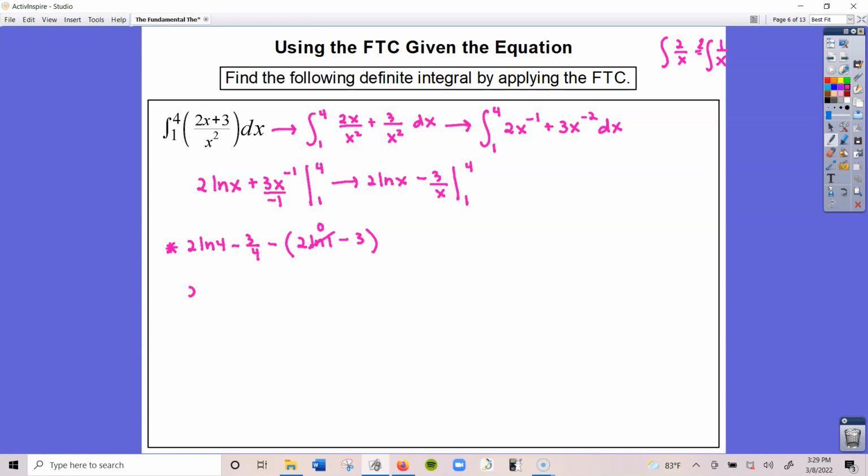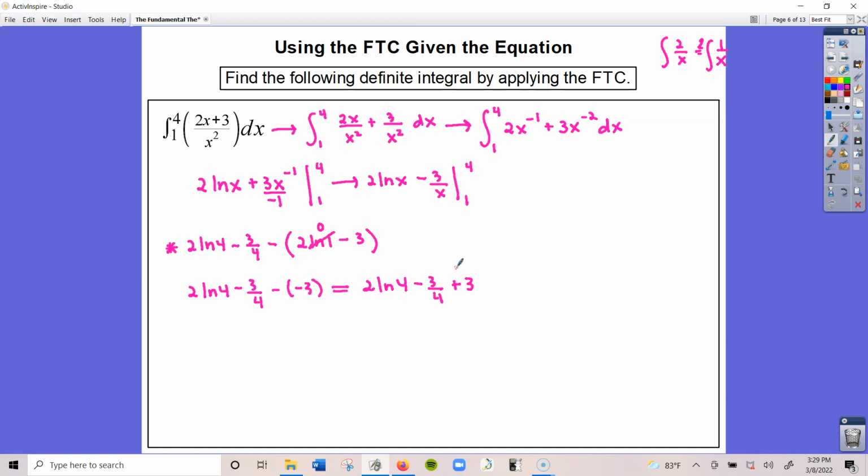So what we have is 2 ln of 4 minus 3 over 4 minus negative 3, which will then become 2 ln of 4 minus 3 over 4 plus 3. You're not expected to know what this is, so we can just leave that as 2 ln of 4.